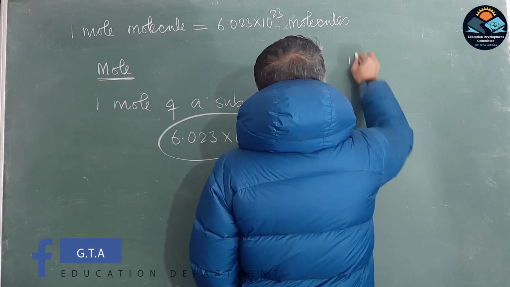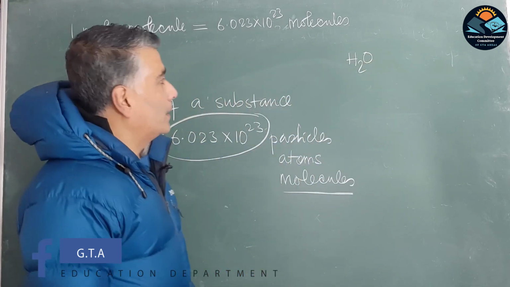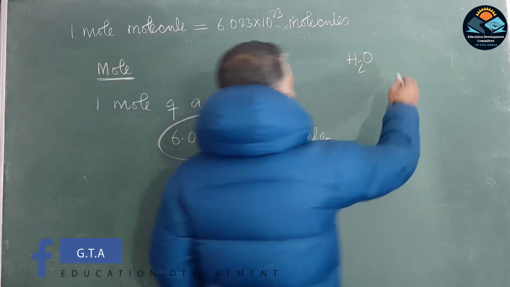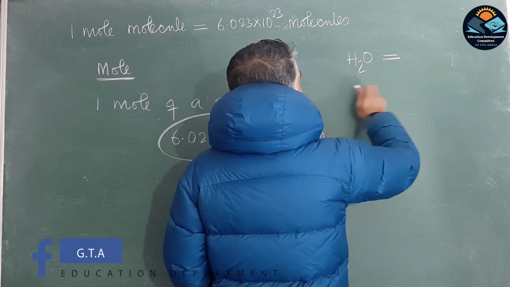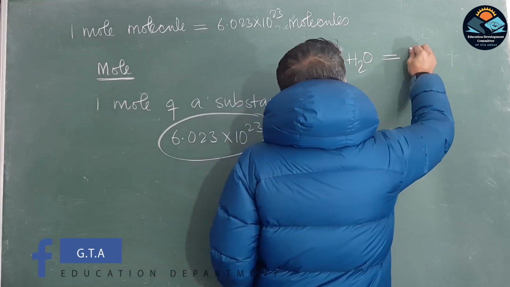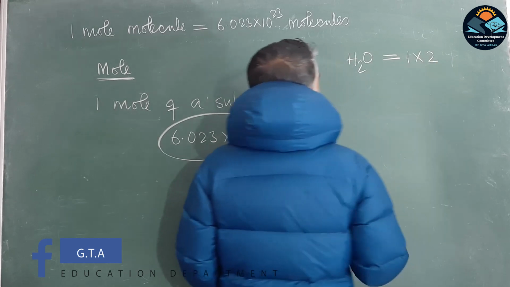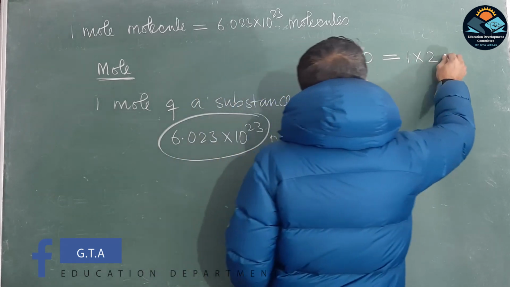So let me give you an example. You see, I've taken a molecule of water here. This is the molecular formula of water, H2O. So from this molecular formula, if you add the masses of all the atoms present here, that means 2 atoms of hydrogen and 1 atom of oxygen. You know what's the atomic mass of hydrogen? It is 1. So you're taking 2 atoms of hydrogen. One of them weighs 1, but there are 2 of them, so total is 2.